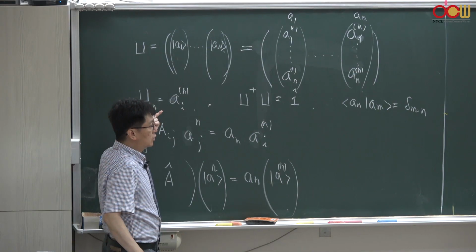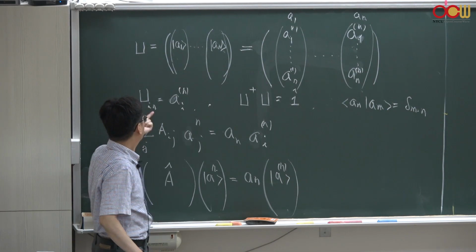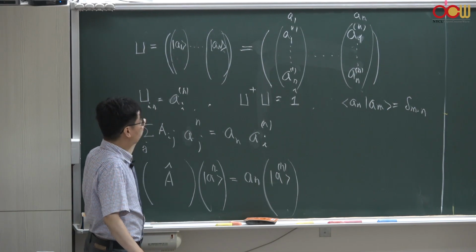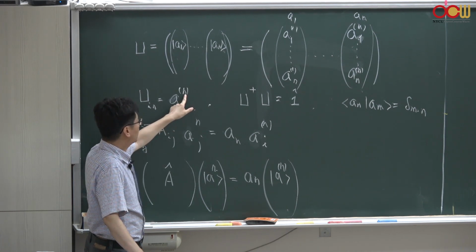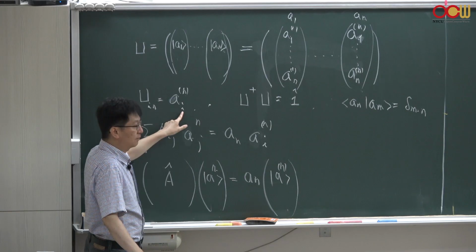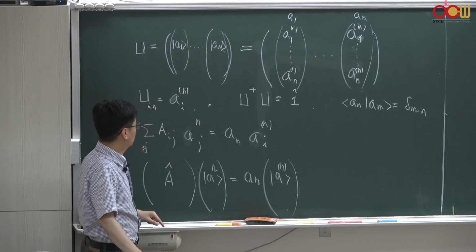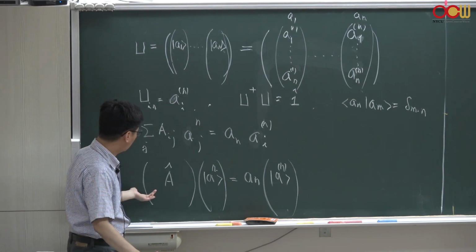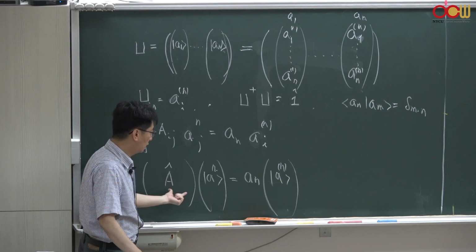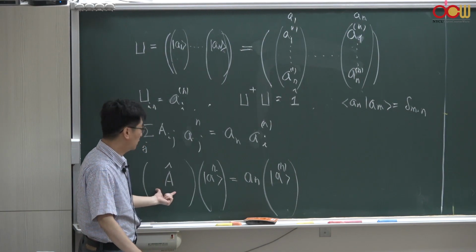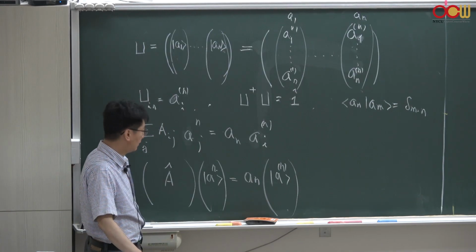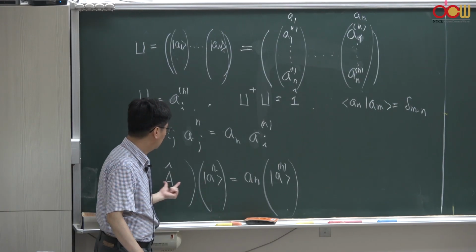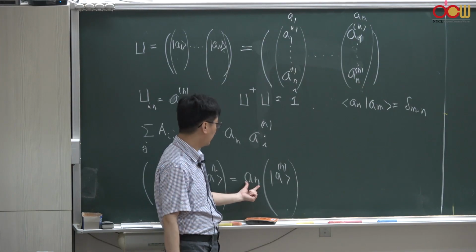Suppose I take the matrix element of this U matrix, in components, and define it as the i-th component of the n-th eigenvector. And this eigenvalue equation can be formulated in terms of a matrix product. Suppose this is the matrix A multiplied by the eigenket |a_n>, which gives us the eigenvalue a_n times this eigenket.